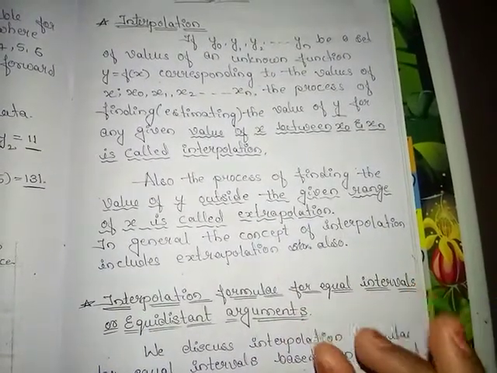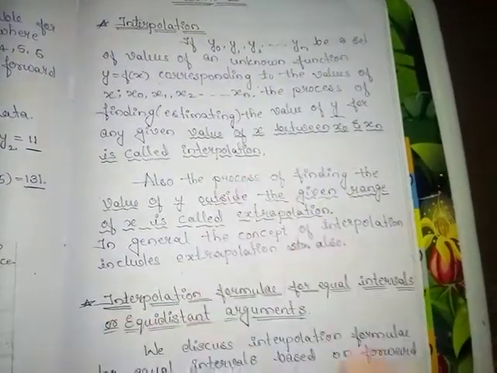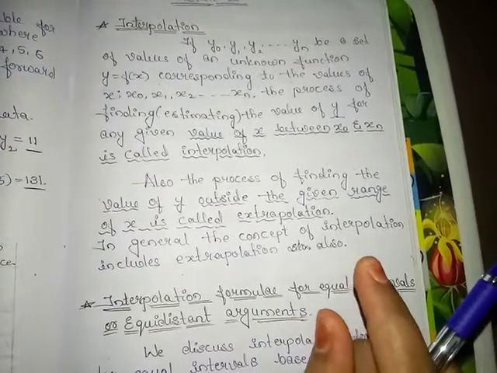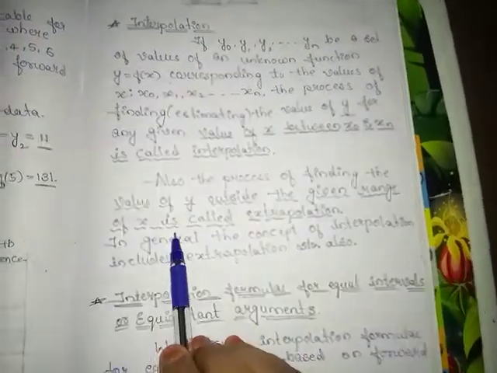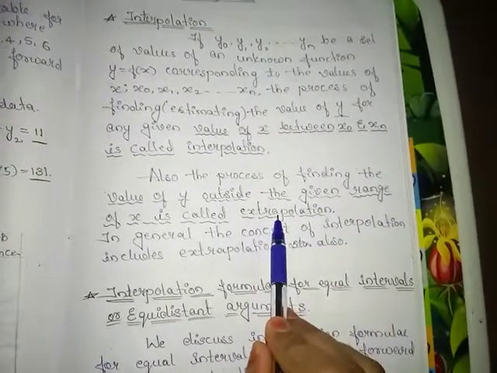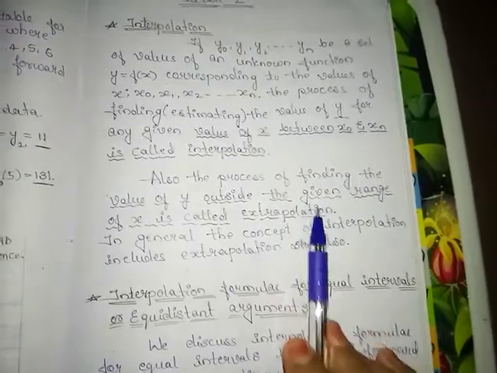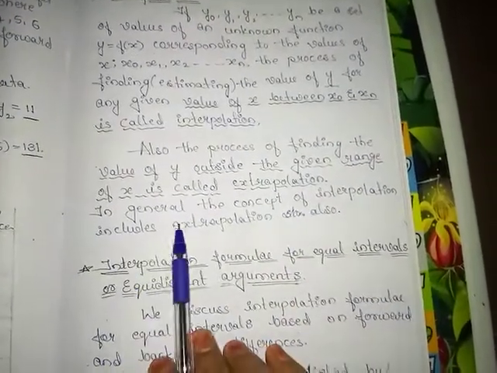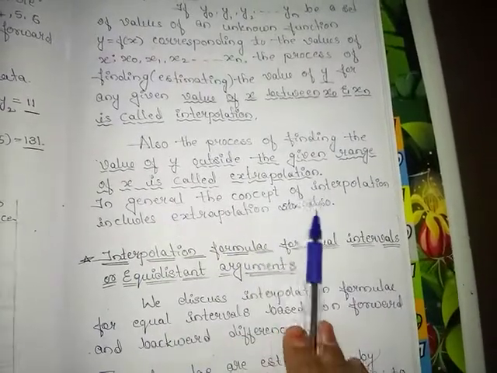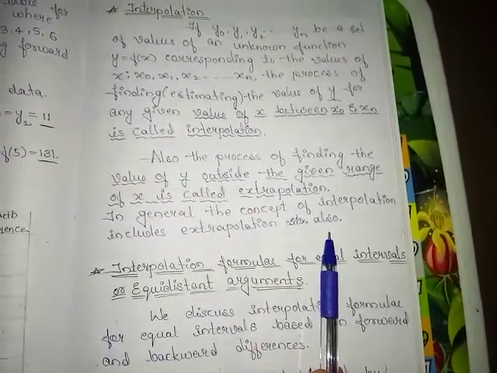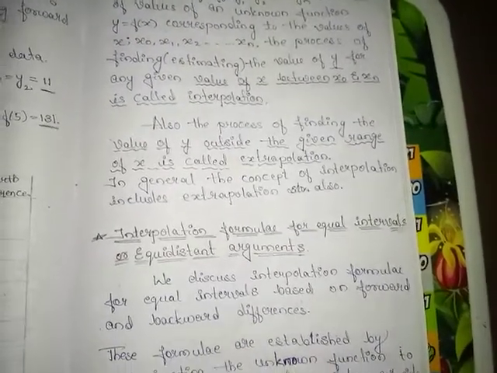Finding the value of y within the range is called interpolation, and finding the value of y outside the given range of x is called extrapolation. This is the definition of interpolation, and this is extrapolation. In general, the concept of interpolation includes extrapolation also; the interpolation process involves extrapolation here.